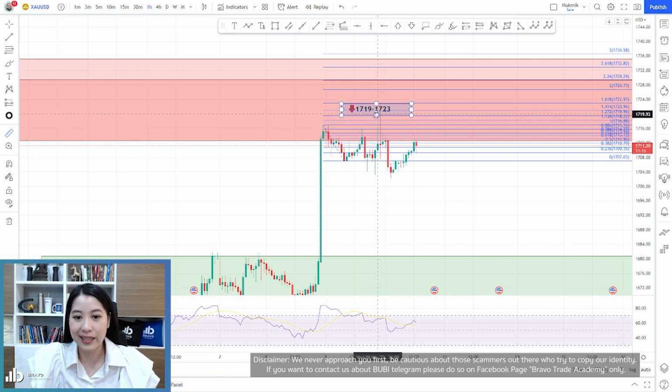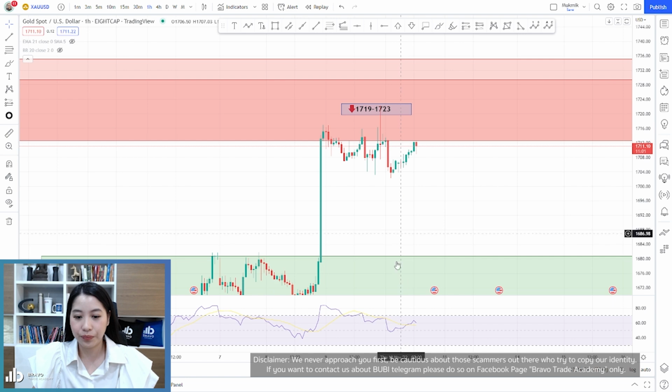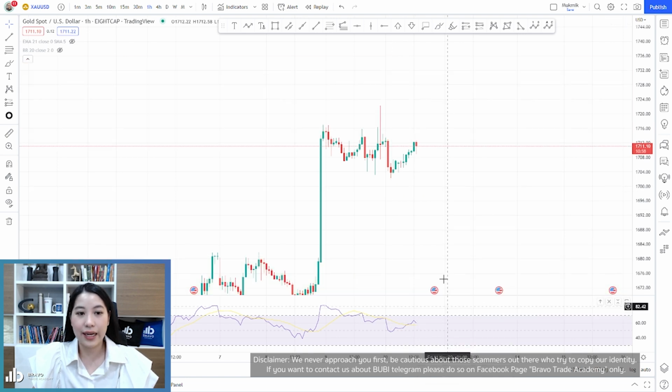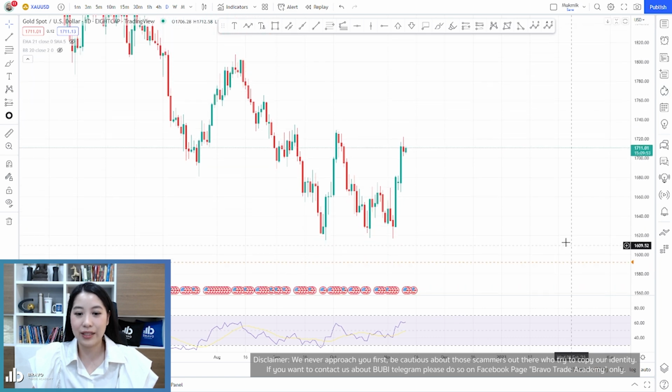If you entered at the lower border, that's huge, around 1,800 points. Beautiful.